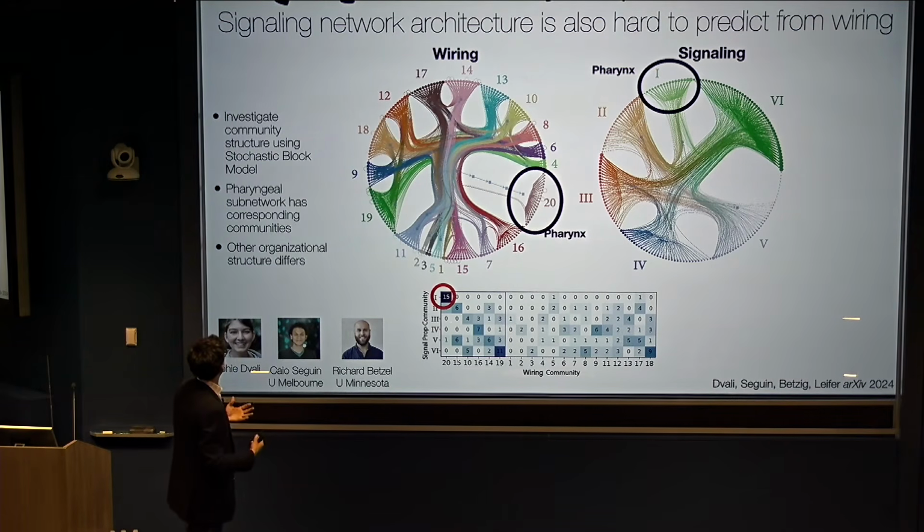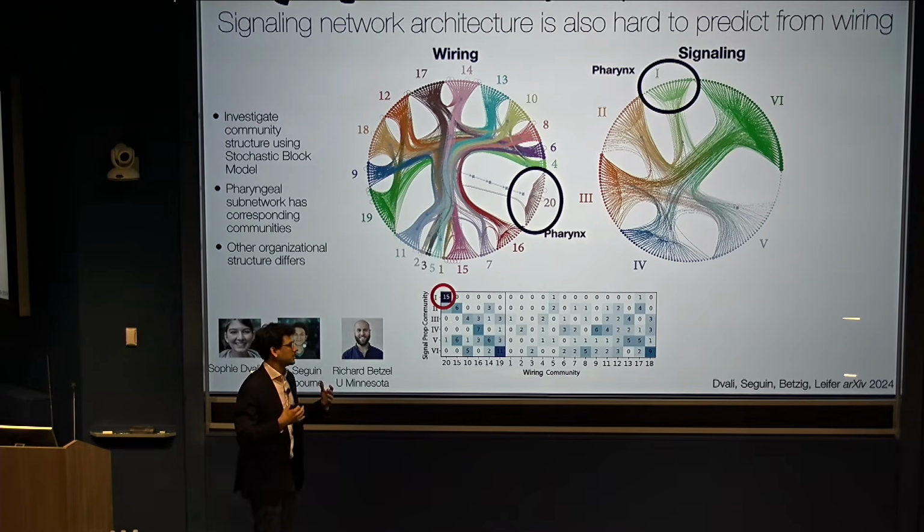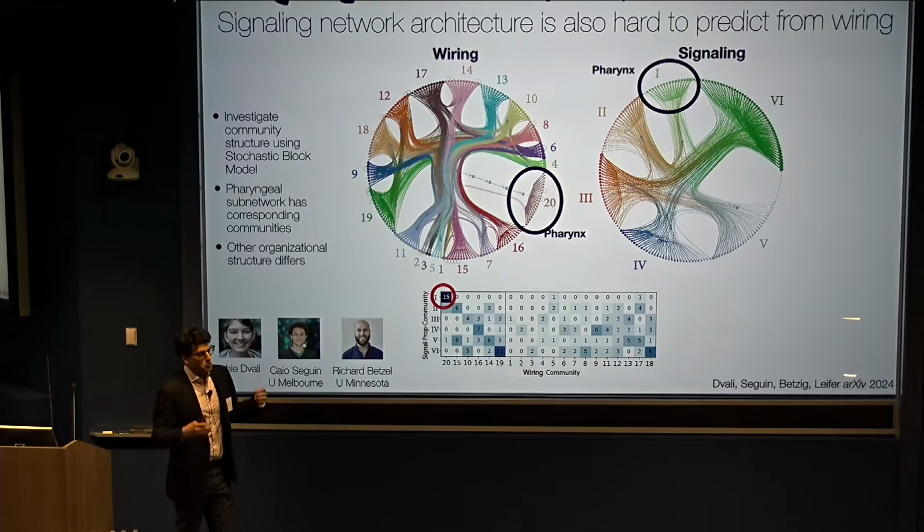And so we used a stochastic block model. It's a standard network science approach to break up your network into communities. And there, I think the story from these approaches is that really striking network features seem to be conserved in both the connectome and the signaling networks, but other things do not.